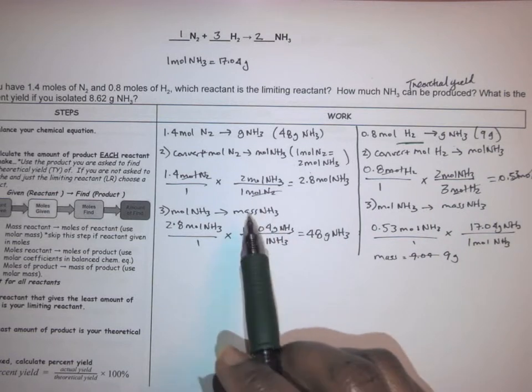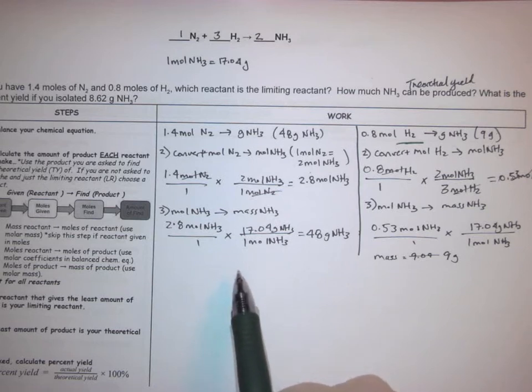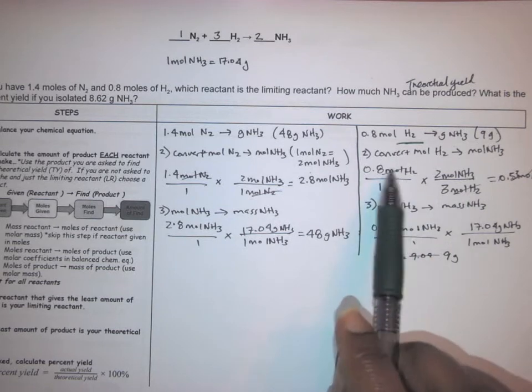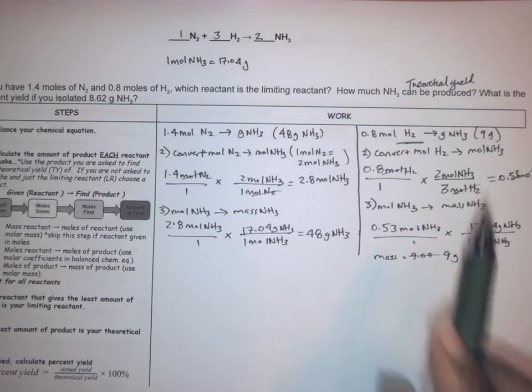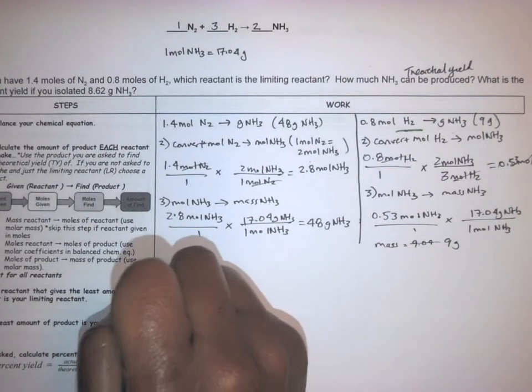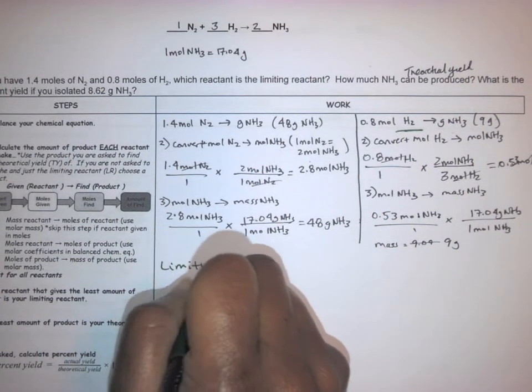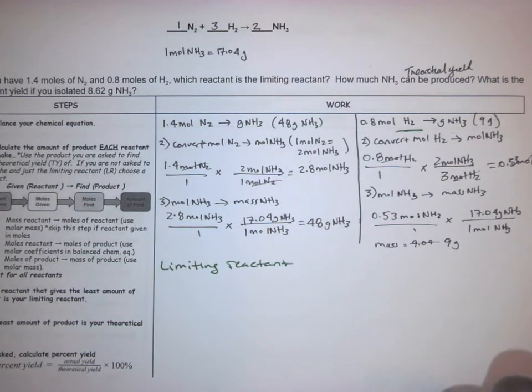Okay, so now that we have that done, what we're going to do now is we are going to take this information here. They are limiting. And I keep saying reagent. Reactant and reagent are the same thing.